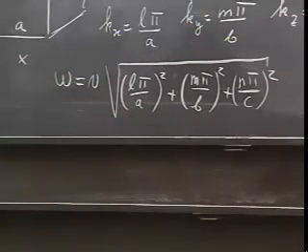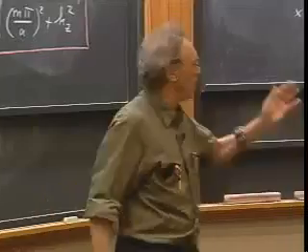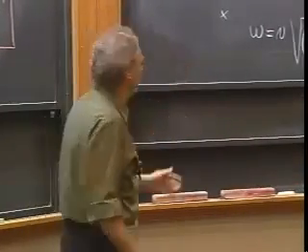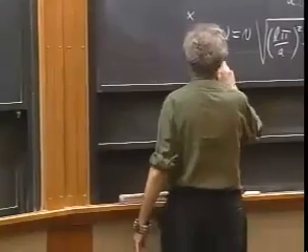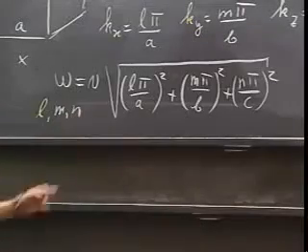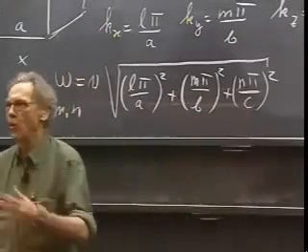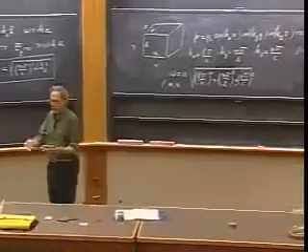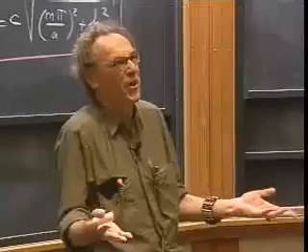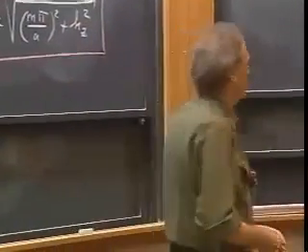Omega has then unique values. Now we're dealing with resonance frequencies. Completely different from there. There were no resonances there. These are the unique discrete resonances, L, M, and N. And now you can see why you cannot make them all 0. Well, because then you have omega equals 0, and that's not a very interesting thing.